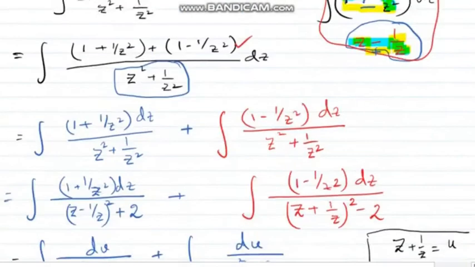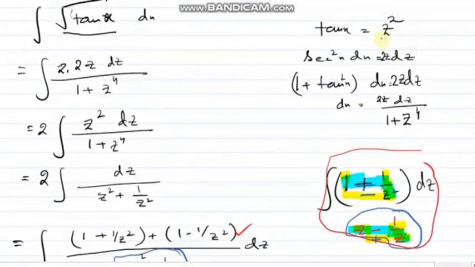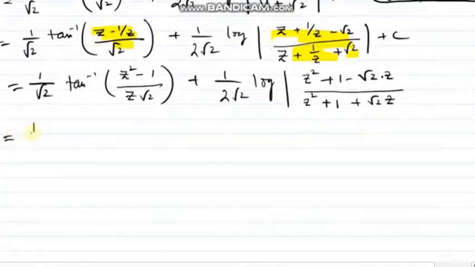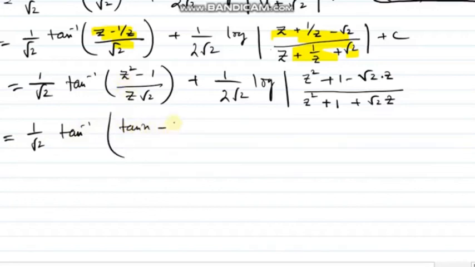Is it fine? Just go back to earlier days. What was z? z was equal to root over tan x, right? If I put that value over here, z square is tan x, so tan x minus 1, and z is root over tan x. So can I write this as root tan x into root 2, which equals root over 2 tan x.